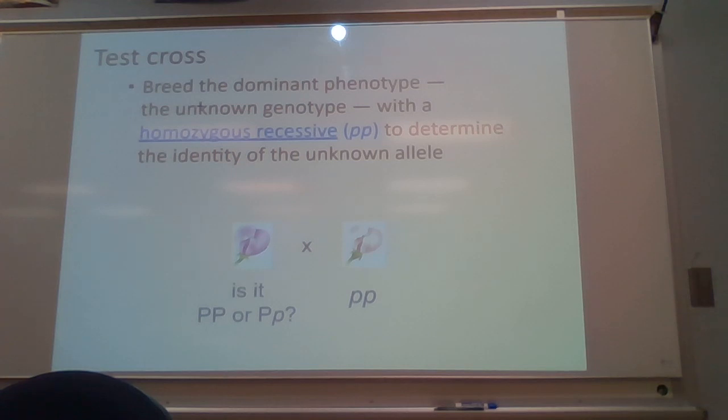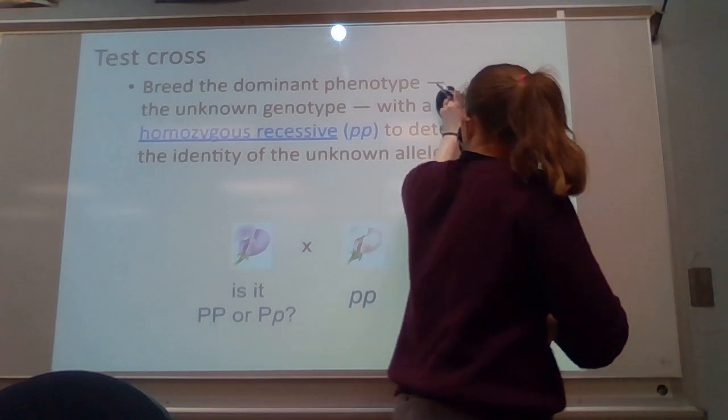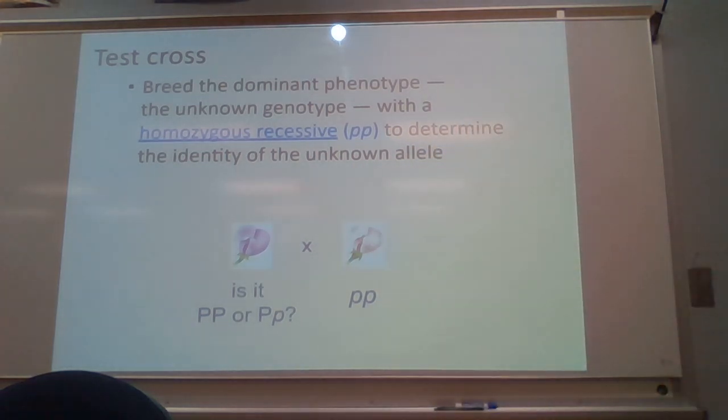So if we have an individual whose genotype we don't know because it has the dominant trait, we can cross it, we can do another generation, with a homozygous recessive individual.